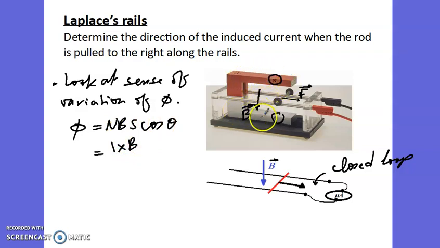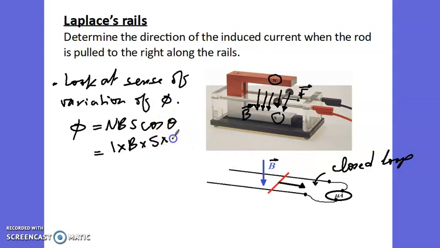Because we have a uniform magnetic field between the poles of a U-shaped magnet. So B is uniform, means B is constant, times the area of the loop, times cosine theta, the angle theta between the positive plane and B, which is also constant, which could be 0.